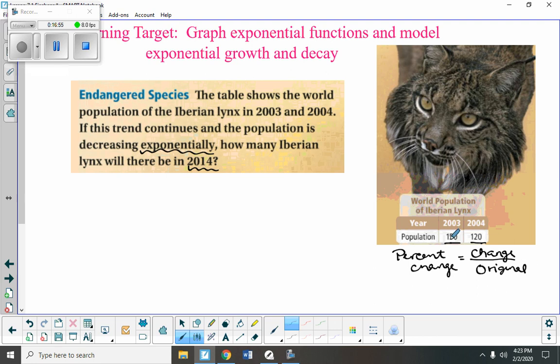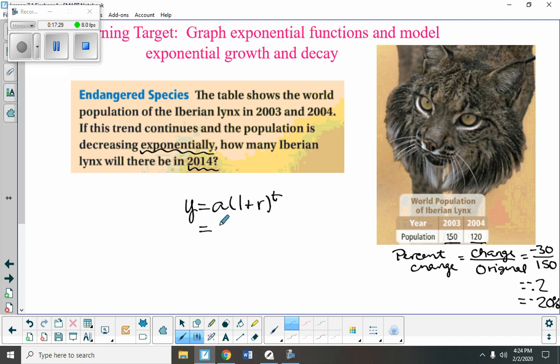So it went from 150 to 120. So the change was down 30. The original was 150. So if you divide that, 30 divided by 150, you get 0.2. It's a negative 0.2, which is down 20%. So in that time period, in 1 year, it went down 20%. So the formula then, we will use that. A is the original amount.